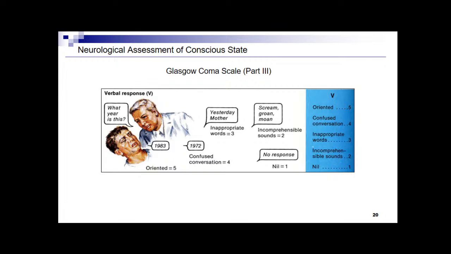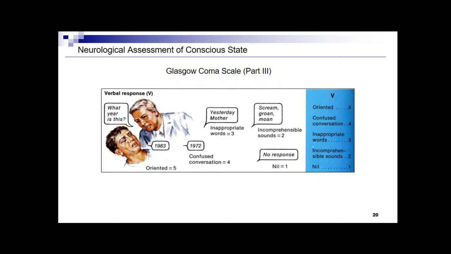And the third part of the Glasgow Coma Scale is the verbal response. If the patient is fully oriented to person, place and time, this is 5 points. If the patient is confused, he answers your questions but gives wrong answers, but he can give an answer.